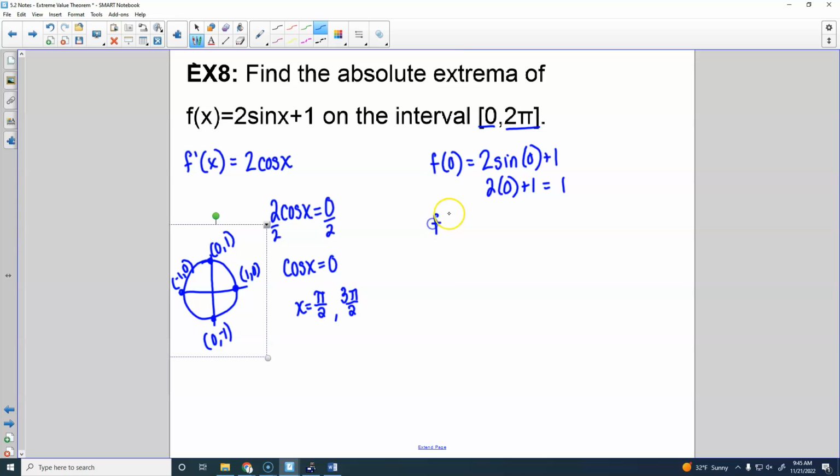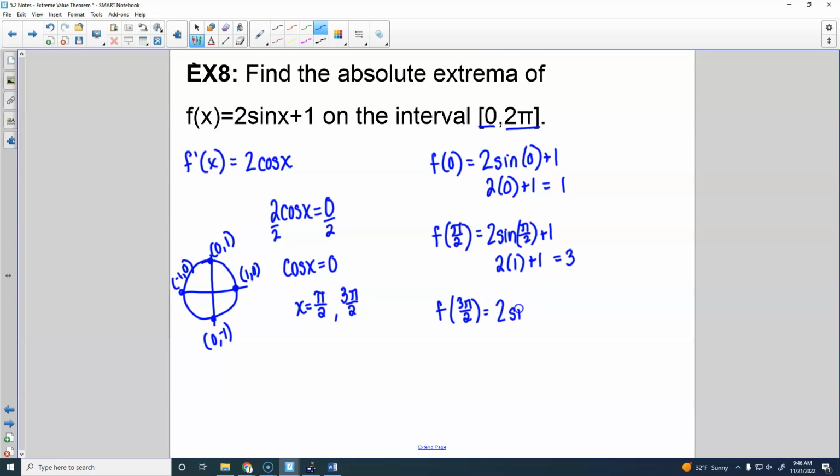We would have f of pi over 2. So 2 sine of pi over 2 plus 1. Sine of pi over 2, y coordinate right here, it's 1. So 2 times 1 plus 1, that's going to give you 3. We would have to check 3 pi over 2.